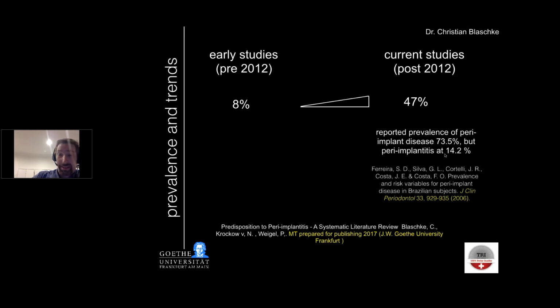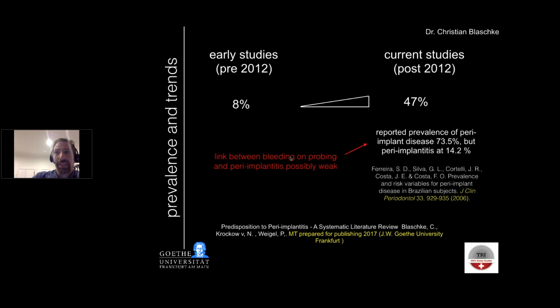Some Brazilian studies in actual fact report peri-implant disease as high as 70%, which would be very, very high. Again, these are Brazilian studies that might reflect the cohort in Brazil. I don't know why the numbers are so high, but that contributes to a fairly high peri-implantitis prevalence.